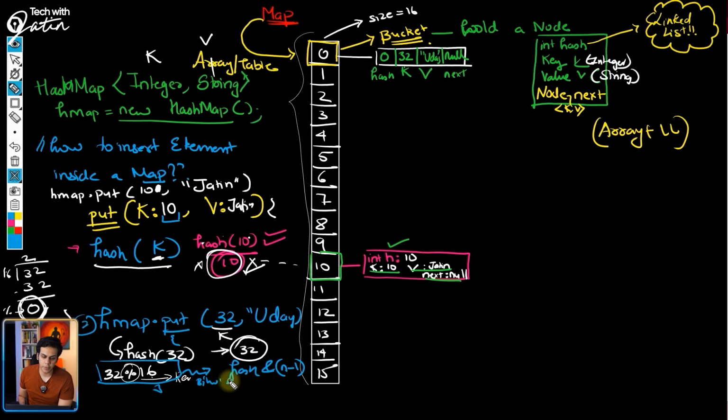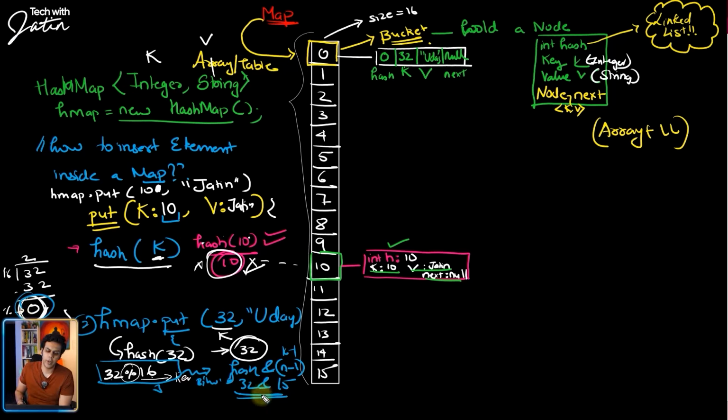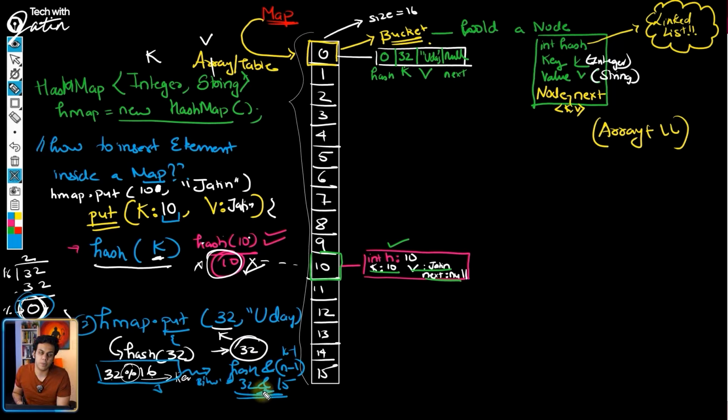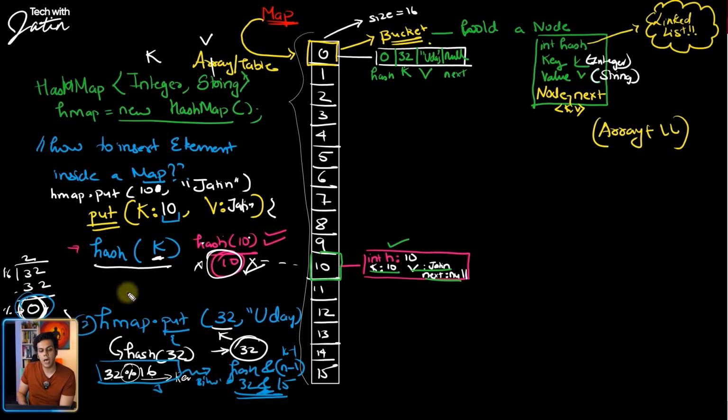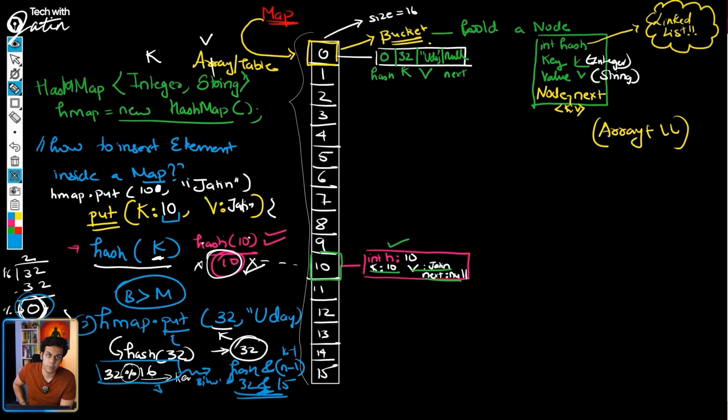So, it is going to be 32 ampersand 15, 16 minus 1, which is going to be 15. This particular operation is going to happen. It is also going to give you the same remainder only. But over here, this operation will be fast because bitwise operations are fast compared to mathematical operations. Is this part making sense to everyone?